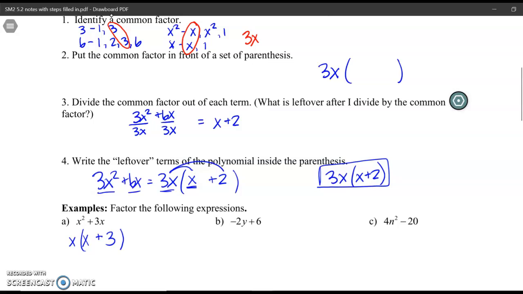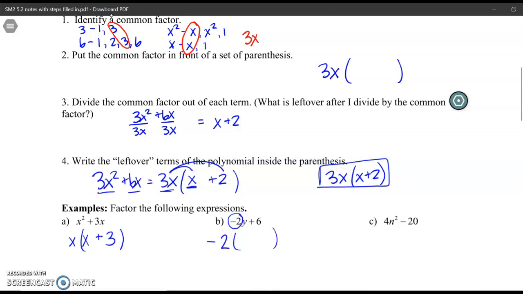Okay, let's look at B together. So B is pretty straightforward. We actually are only going to take out a number, greatest common factor. I have a -2 and a 6, and I recognize that they both are divisible by 2, so I'm going to factor a 2 out. And here's something special. Whenever your leading number right here is negative, factor out a negative. The idea is that the first number inside the parentheses is always positive.